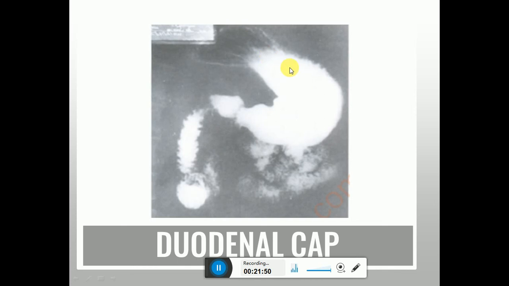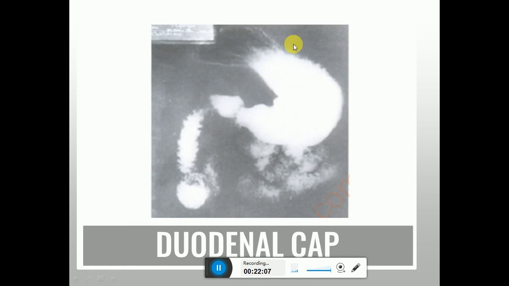Here this is also the stomach. This one is gas which is present in the stomach, and this is the pyloric portion. This is the fundus, this is the body, and this is the pyloric portion.